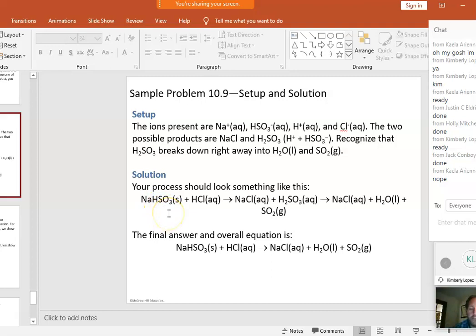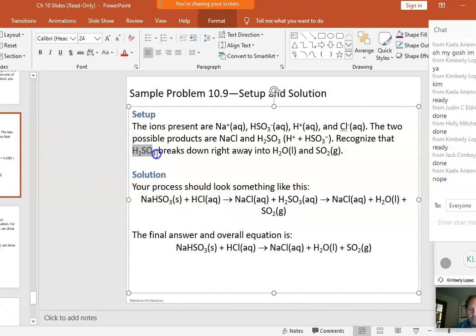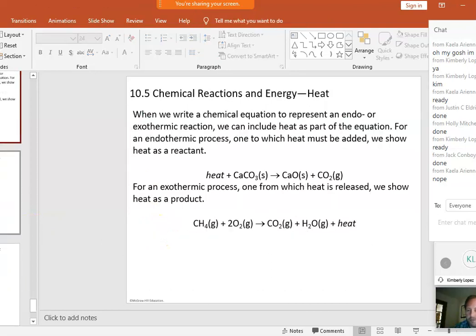It forms H2SO3, and H2SO3 breaks down into H2O and SO2. Very similar to the carbonates, but in this case, it's the sulfites. But like I said, we're not going to worry too much about it.